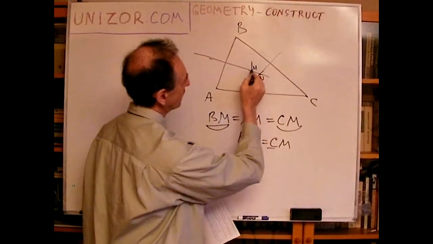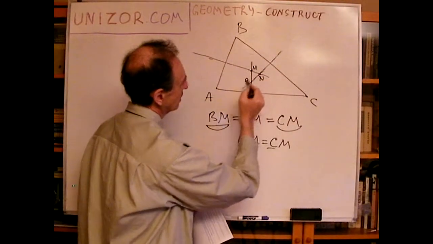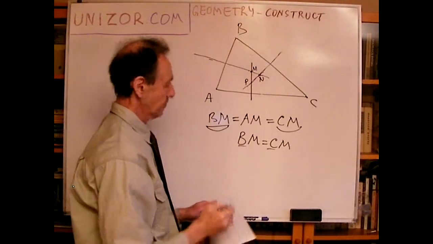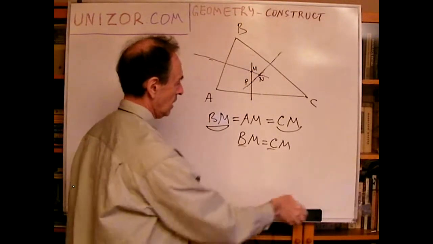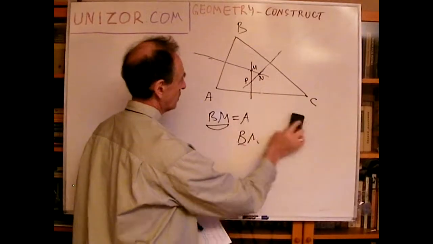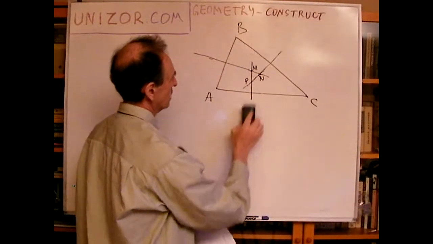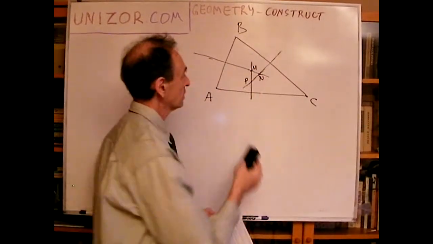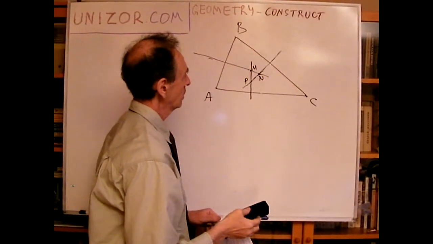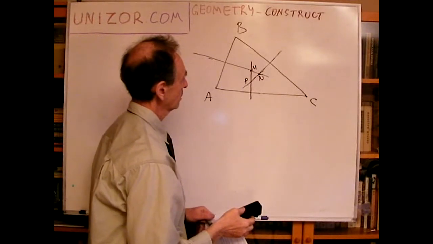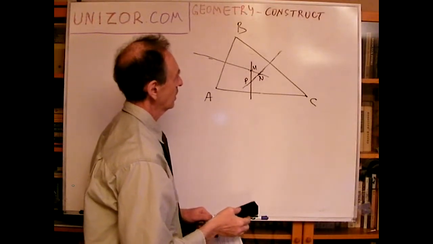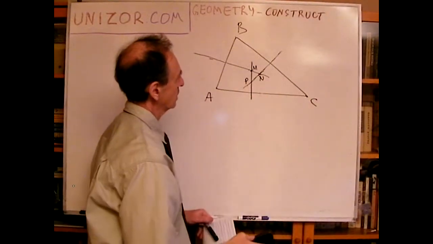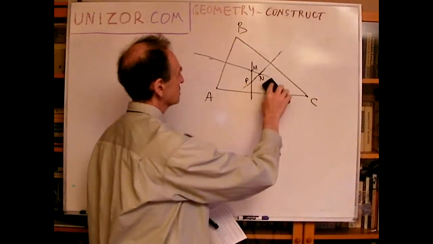So my initial claim that the intersection is of this type is invalid, because the way I drew it here, M doesn't belong to this perpendicular bisector. So basically this is not the case.